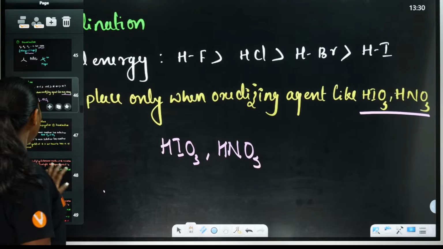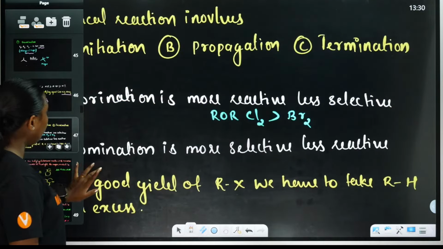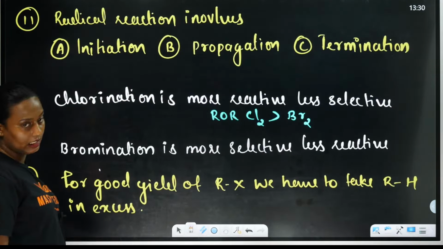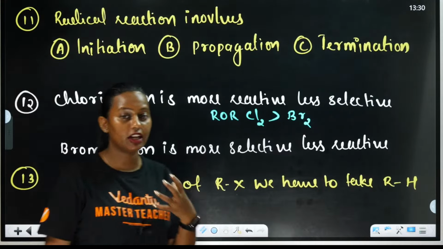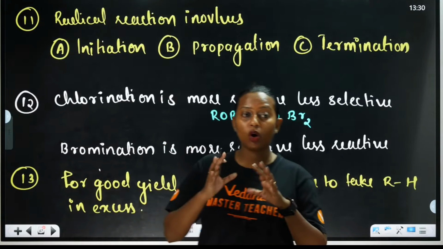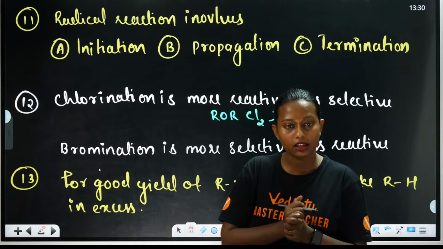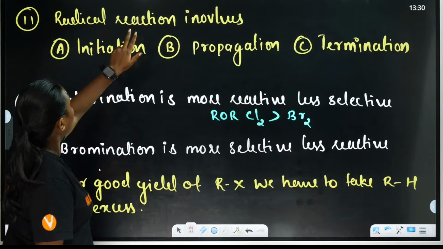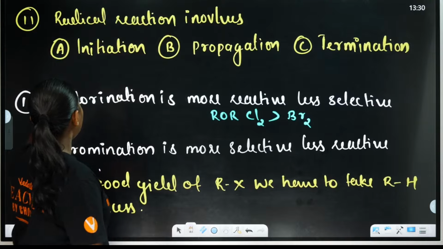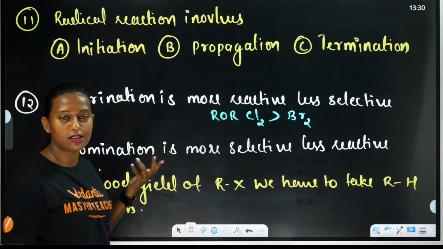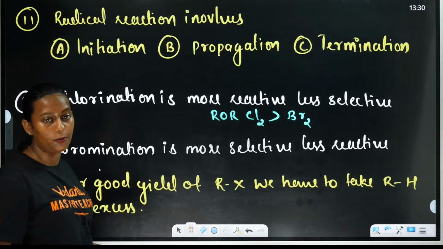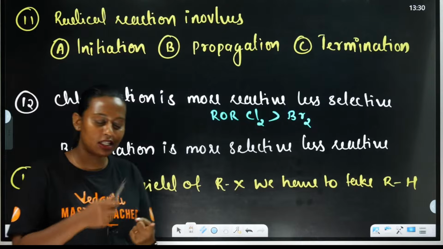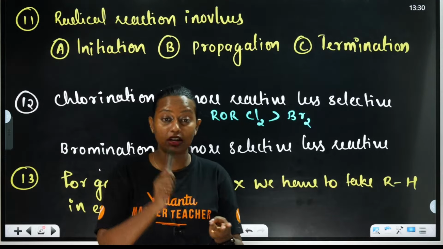Then we are moving to some important points in the reaction mechanism. First one, radical reaction involves radicals forming, and it contains 3 steps: initiation, propagation and termination.